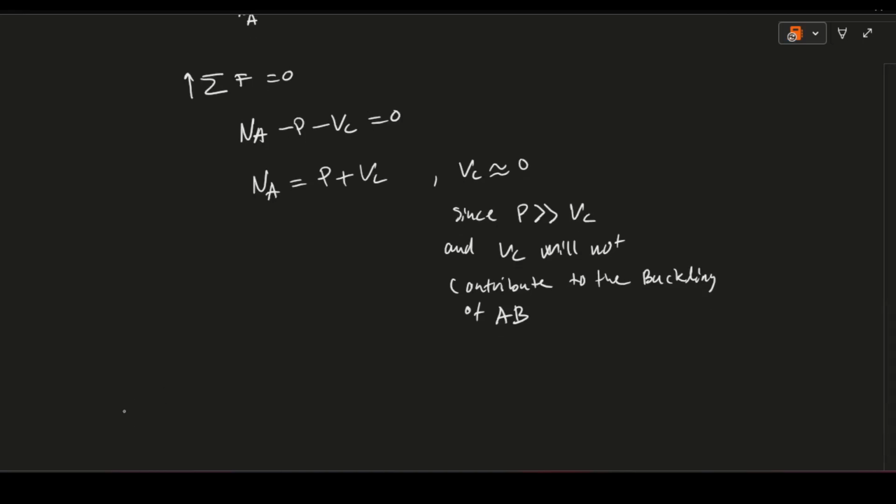So we can take the sum of the moments about B. This is the positive direction. This should be equal to 0.